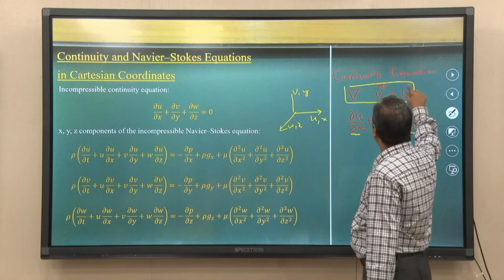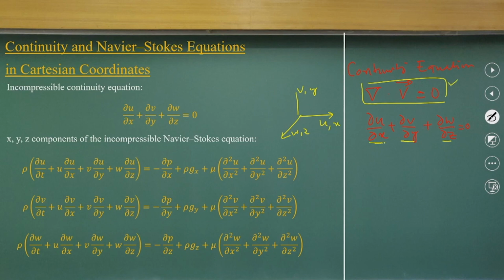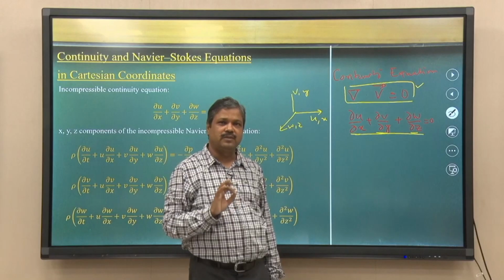You can remember either this form or that form: the mass conservation equation for incompressible flow.